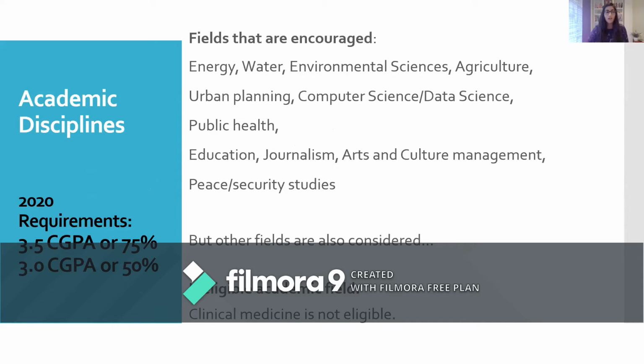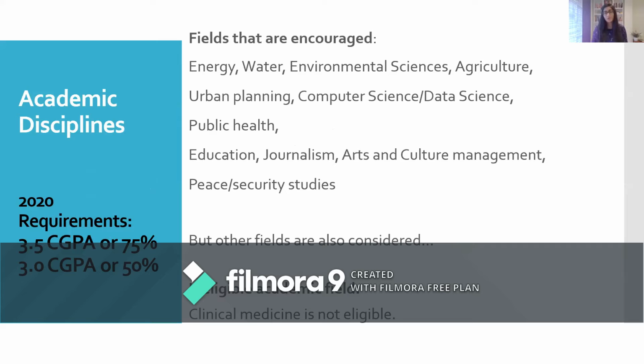Okay. Now coming to what you can go and study. So the academic disciplines. Basically, you can apply for any field that you're interested in. Energy, water, environmental sciences, education, journalism, these are the fields which are encouraged. And the reason is that we need these industries and this research more in Pakistan.